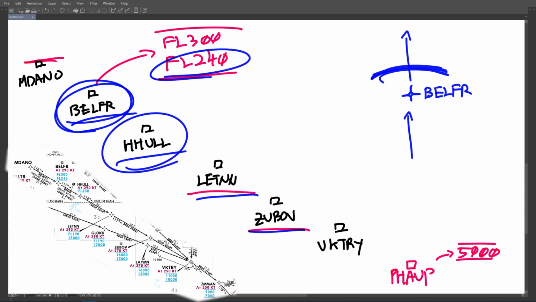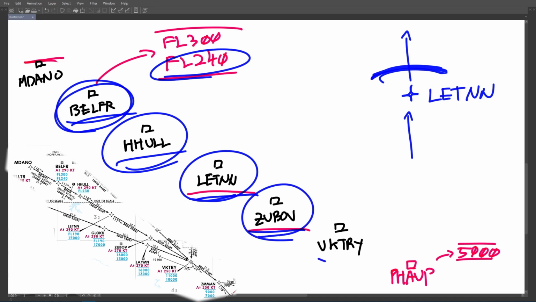So before Hull, you want to set the altitude to flight level 230, and make sure the range to altitude shows that you'll be at flight level 230 behind Hull. Same thing for Leadin. Leadin has a bottom limit of 17,000, so you set the altitude selector to 17,000 feet and monitor that the range to altitude shows you'll be at 17,000 feet behind Leadin.